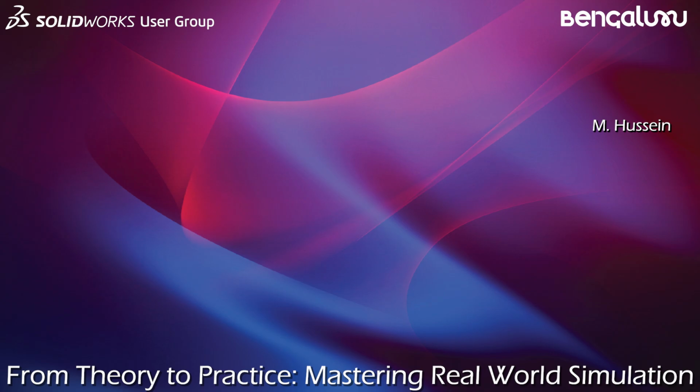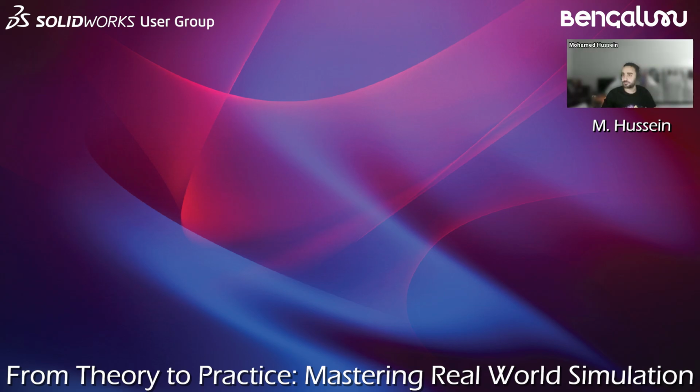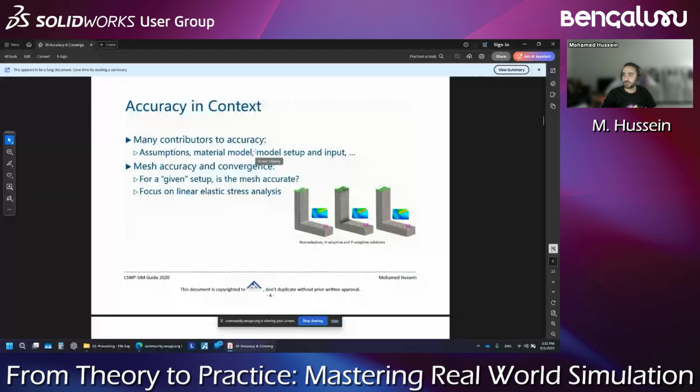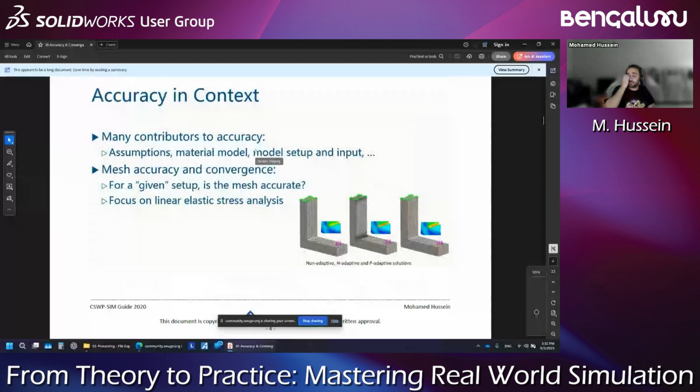Okay, so let me reshare my screen. Okay, so that was part of what I was learning, and here we are talking about accuracy. One of the first things that you always have to check is how accurate my results are.